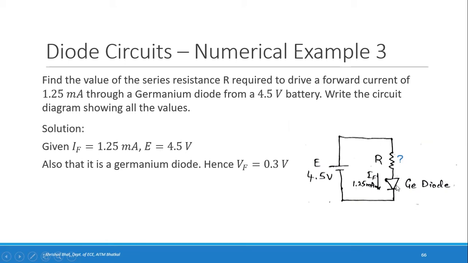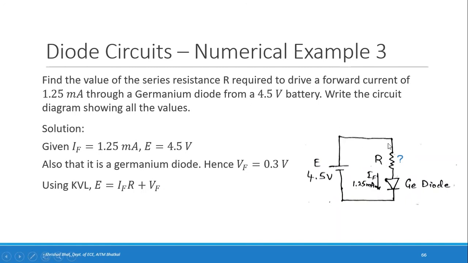That is 0.3 volts. You use KVL for this. The applied voltage E will be equal to the voltage drop across this resistance. Here you take it as resistance R. In the previous case we had the notation R1, so that's why we used R1. Here it is asked as R, so just take it as it is.